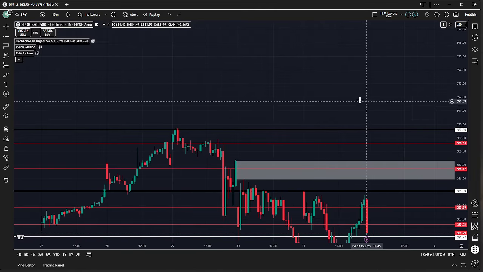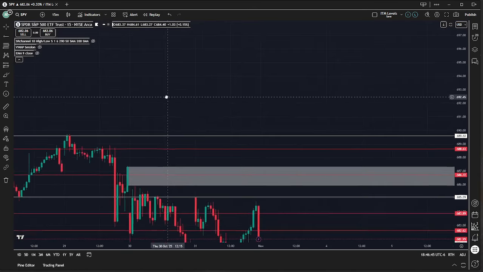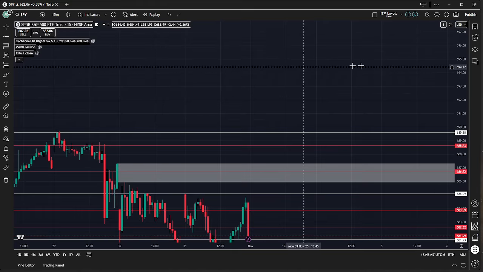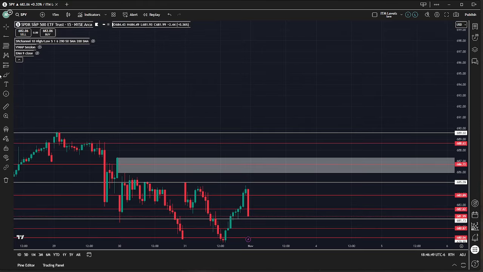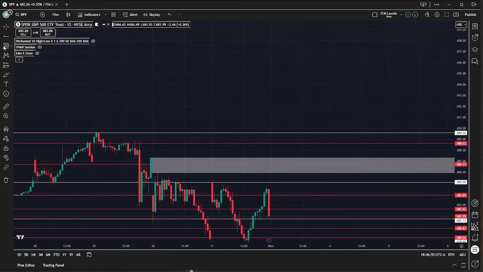And now I'm just gonna go ahead and get the levels to the upside, above all-time highs, just in case we gap up or break all-time highs and continue our push up, so we can get price targets. When I'm looking to get levels to the upside, I pretty much just use fibs.